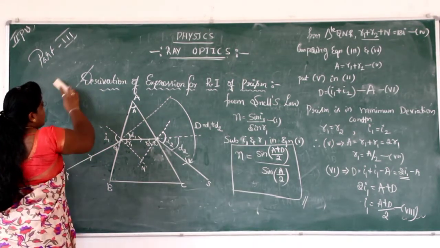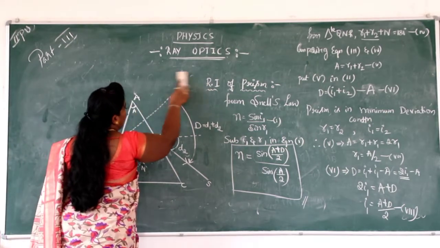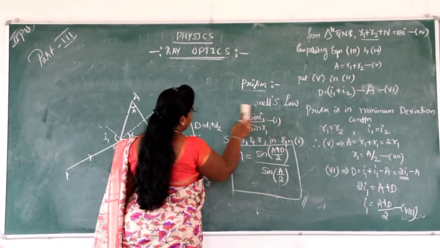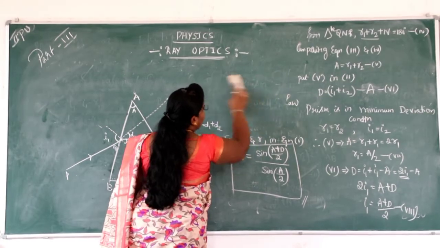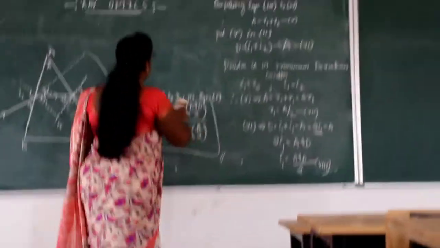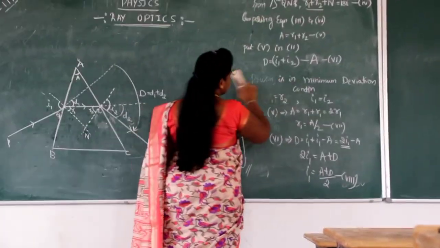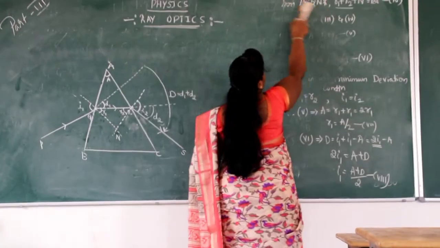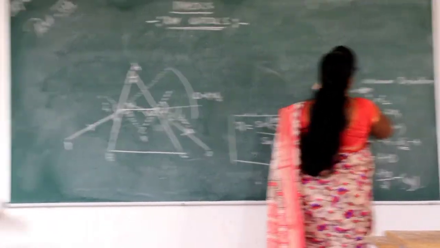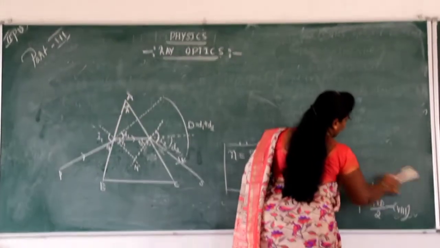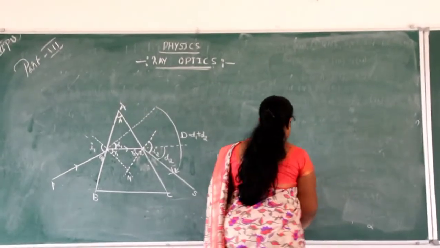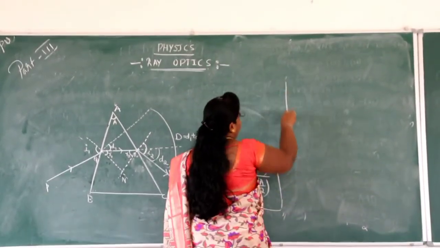Now let us move towards plotting the graph. We can plot a graph for this prism by taking angle of incidence along the x-axis and angle of deviation along the y-axis. Now I'm going to plot the graph.